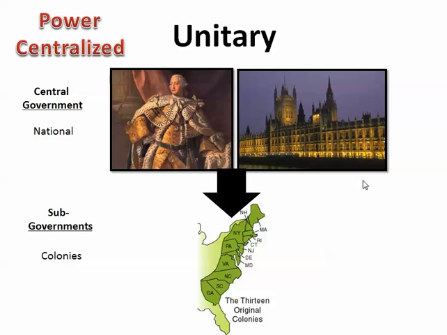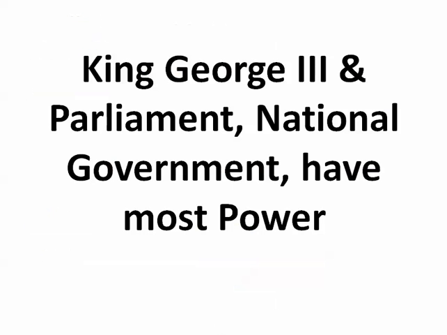So the power to create or to destroy comes from here, the central government, national government. So that's the locus of sovereignty. And it flows down, and they had the power to create or destroy the colonies, the sub-governments, in this case colonies. Alright. So King George III and Parliament, the national government, under a unitary system, had the most power.